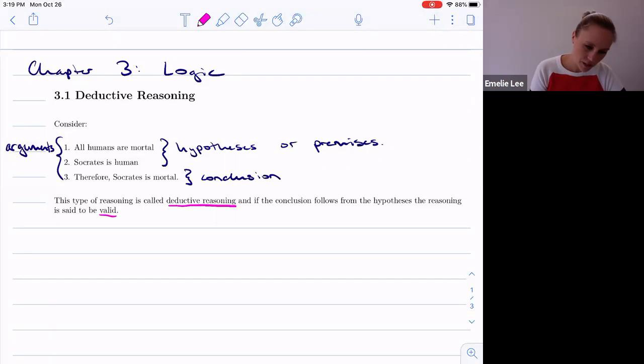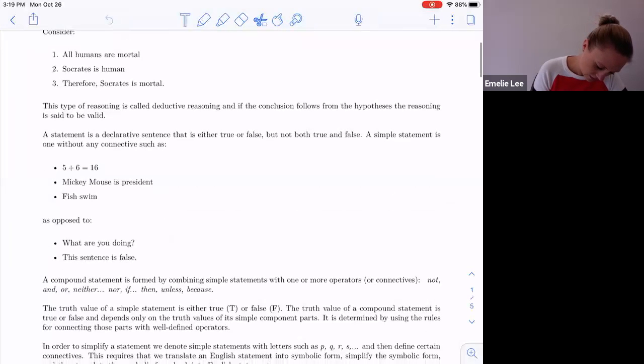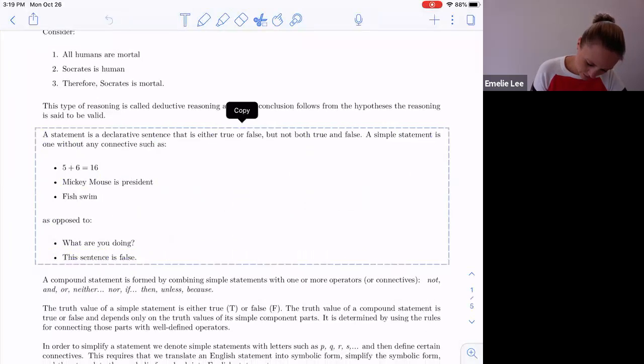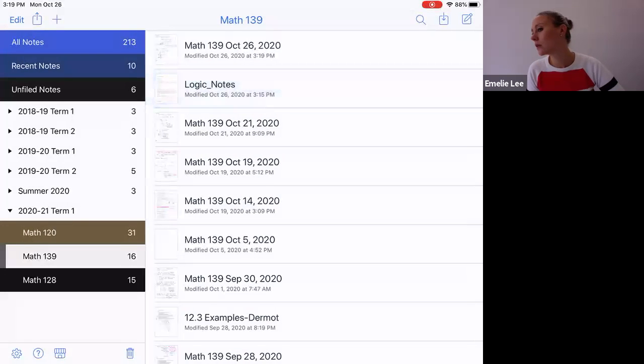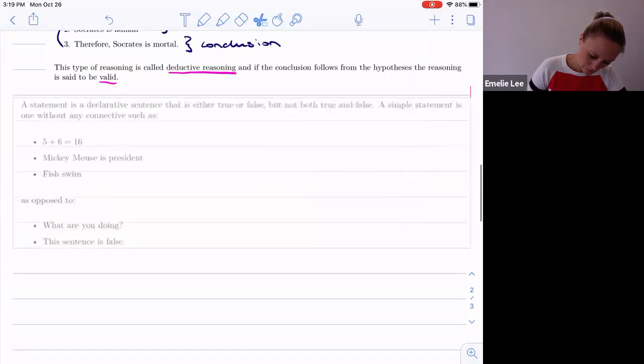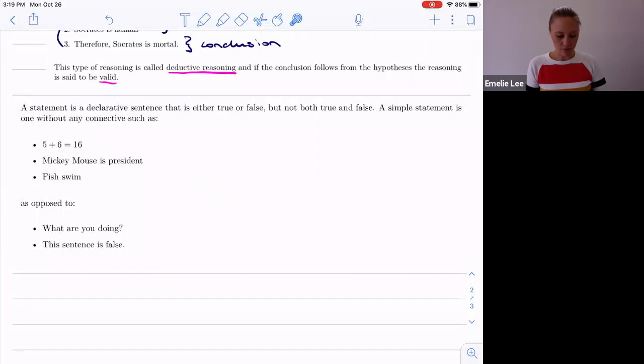Okay. We're going to be talking a lot about statements. A statement is a declarative sentence.